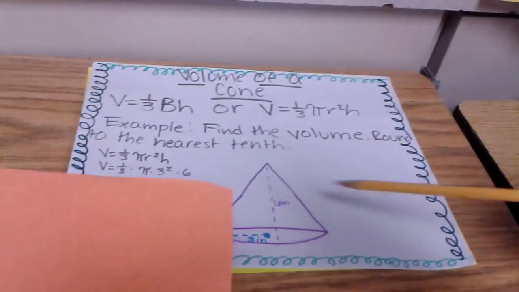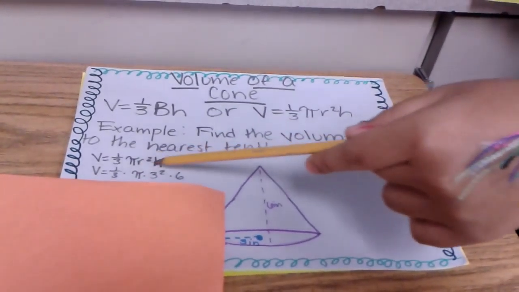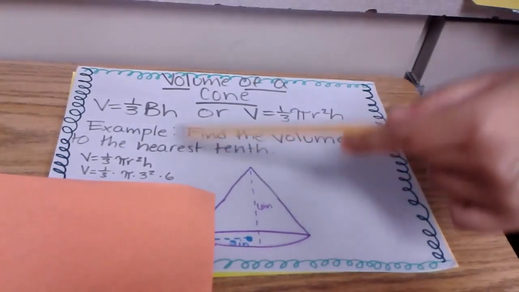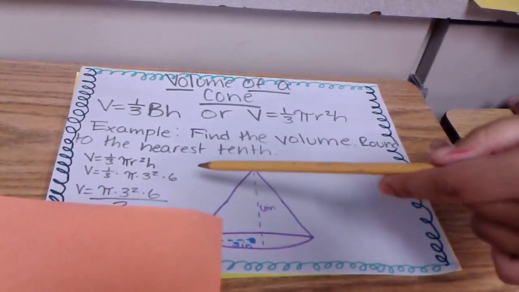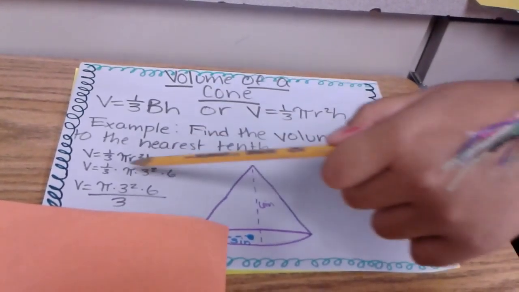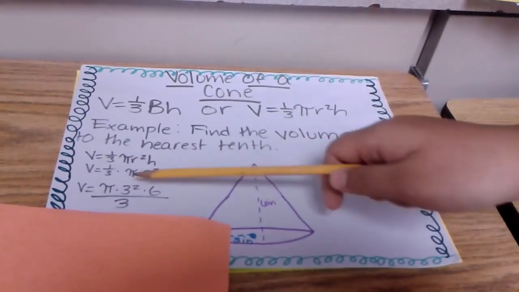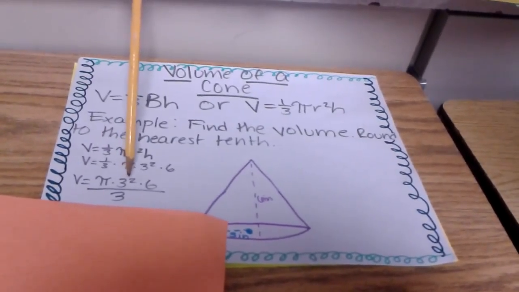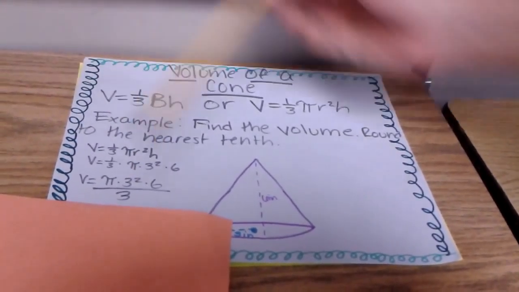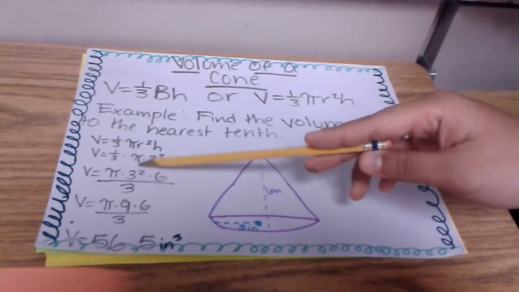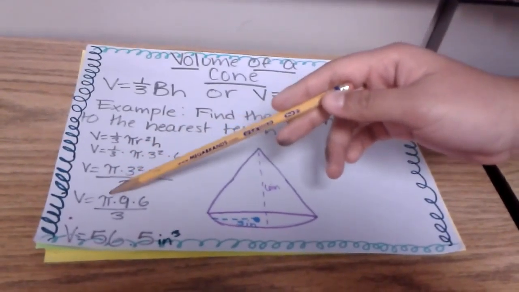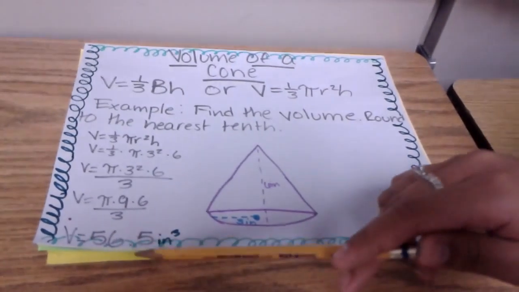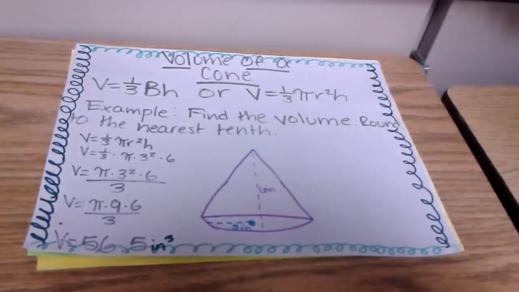We put in the numbers: 1/3 times pi times 3 squared times 6. We divide by 3, which is pi times 3 squared times 6. We find the exponent, which is pi times 9 times 6 divided by 3, and we get 56.5 inches cubed.